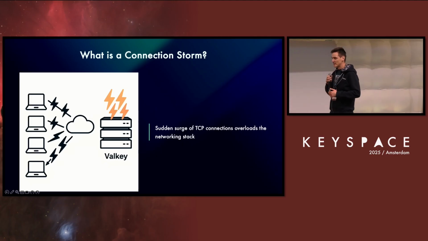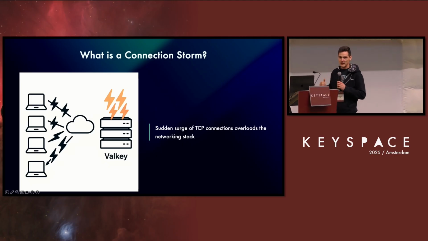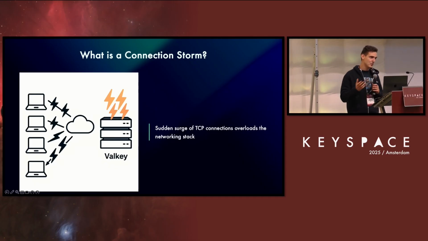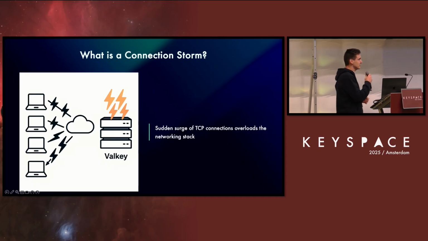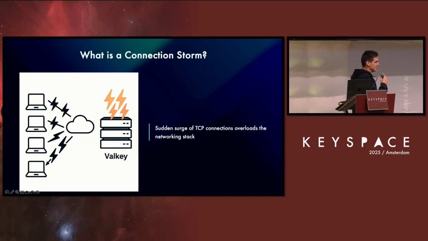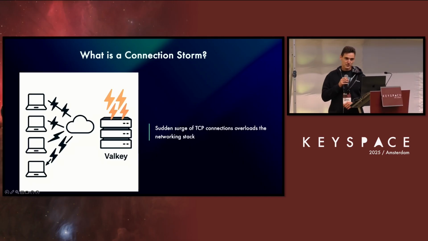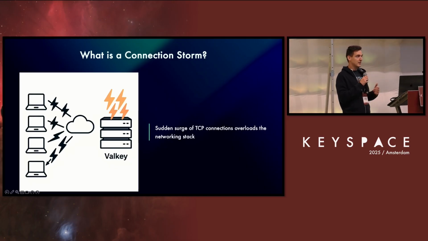In many cases, it happens in the networking layer, so basically even before Valkey can handle it. And you know that Valkey is basically single-threaded, and it's not very hard to overload it. This usually happens during application upgrades.